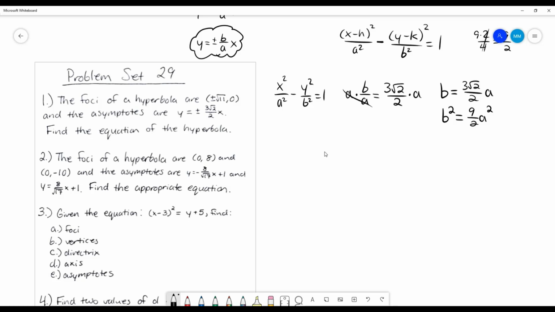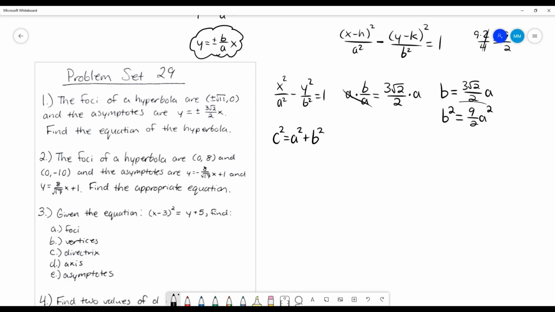We also want to remember that when we're finding the foci of an ellipse, it's normally c squared equals the radius of the major axis squared minus the radius of the minor axis squared. With a hyperbola, instead of an ellipse, it's just going to be our Pythagorean theorem rather than that minus.